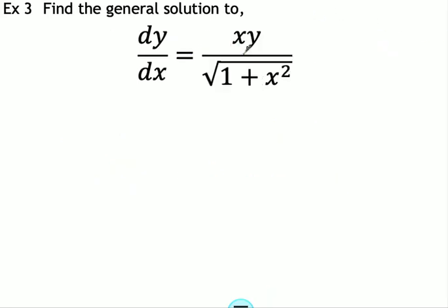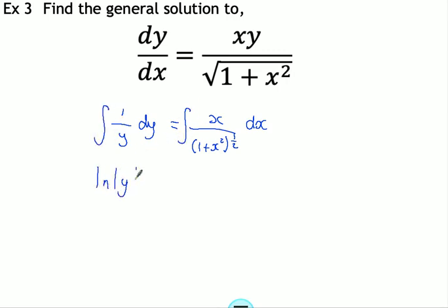Okay, so this one looks a little bit more complicated again. So separate the variables. We know that square roots tend to be almost like the enemy, so we can write it as a power of a half instead. Okay, so let's then integrate. So this side, nice and simple, becomes ln y.